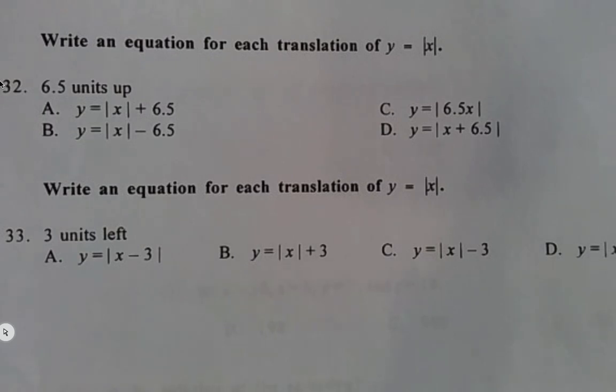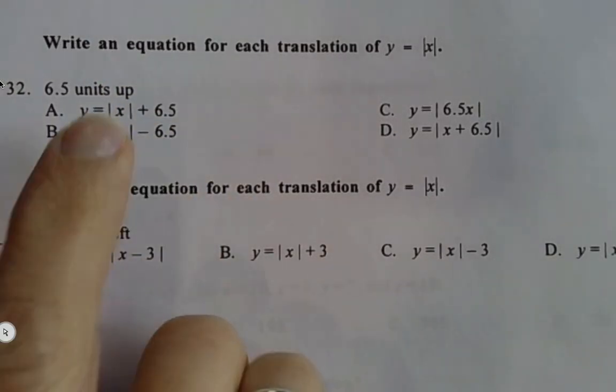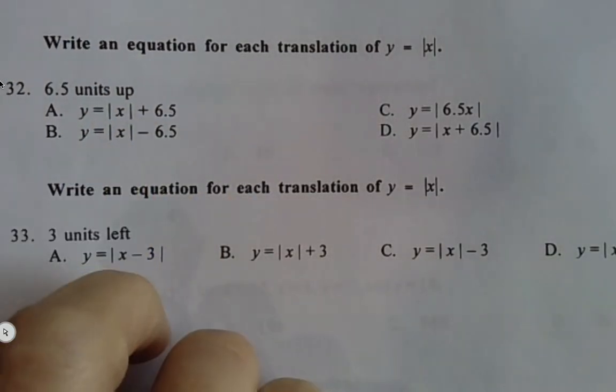Okay, listen, let me finish. If the number is outside of the absolute value, it moves it up or down. If the number goes inside the absolute value with the x, it moves it left or right, okay? And it's always backwards. When it's with the x, it's backwards from what you think. So let's look at this one. What moves it up 6.5?